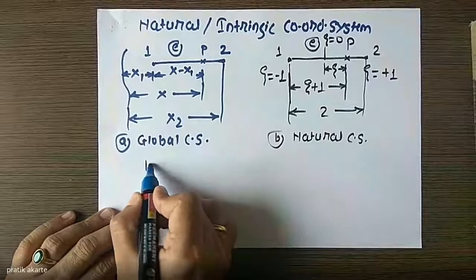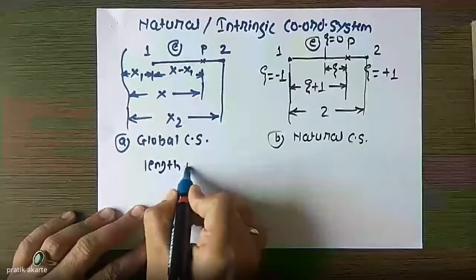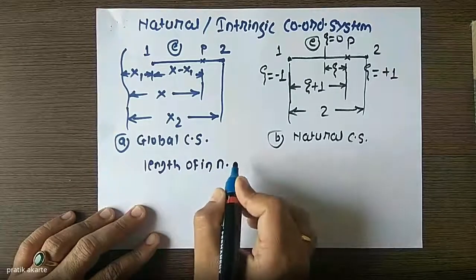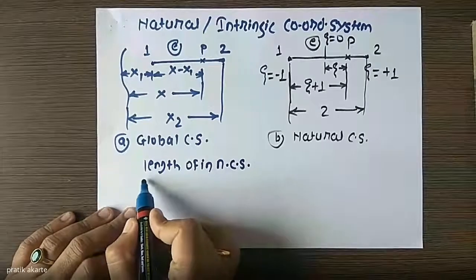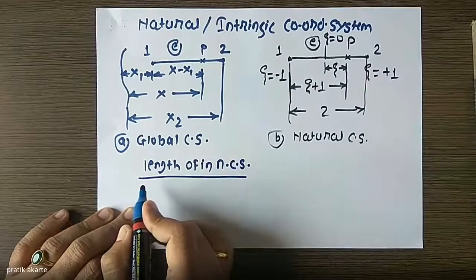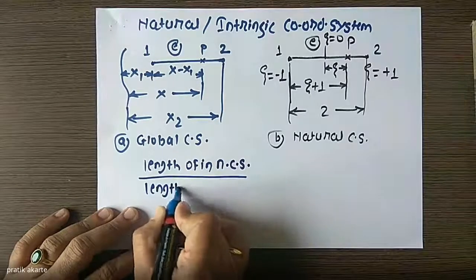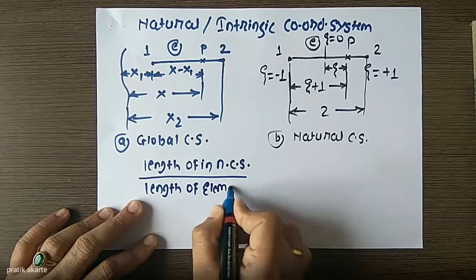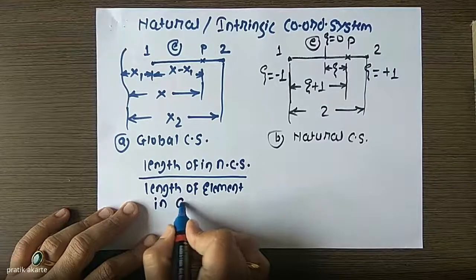For that we'll write: length of element in natural coordinate system (NCS stands for natural coordinate system) upon length of element in global coordinate system.